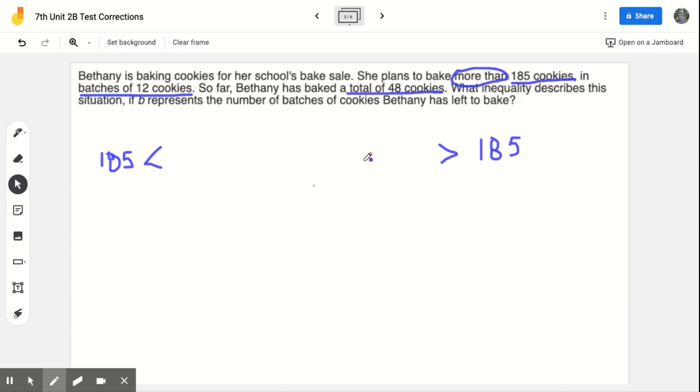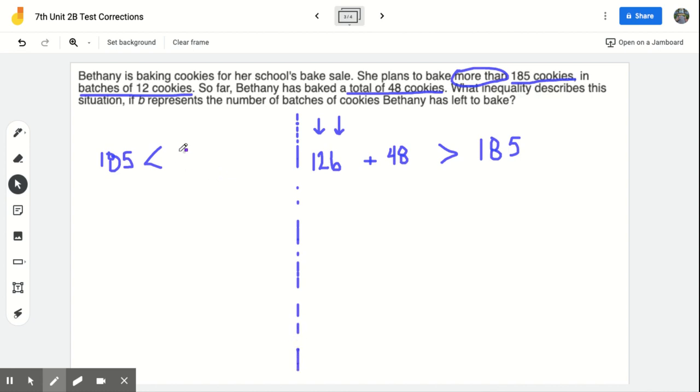Okay, so what that tells me is that in order to get more than 185, she has to have the 48 plus the 12 cookies per batch. Now the 12 here represents the number of cookies in each batch, and the B represents how many batches she'll have to make. If it was written another way, I'm going to try to separate this here.